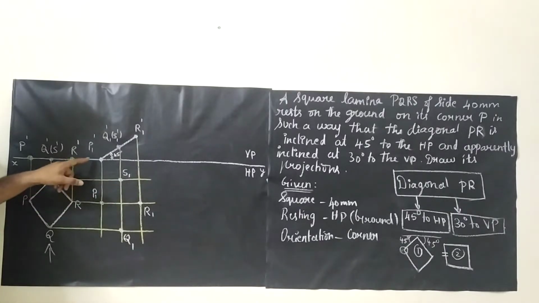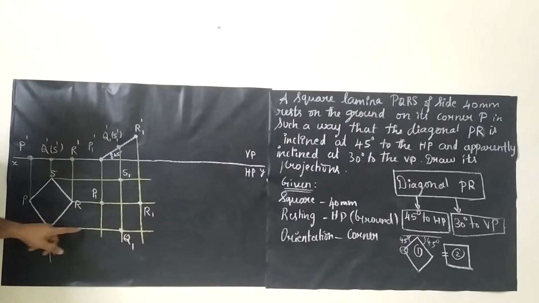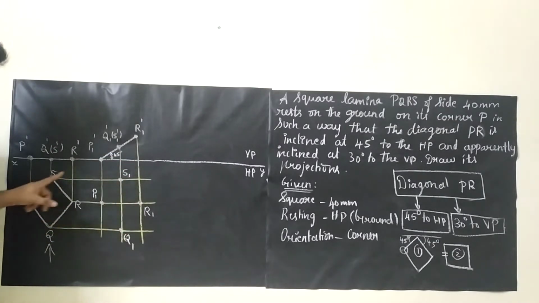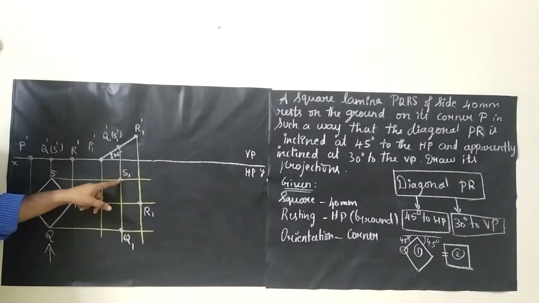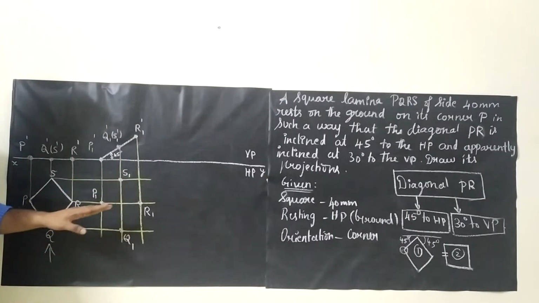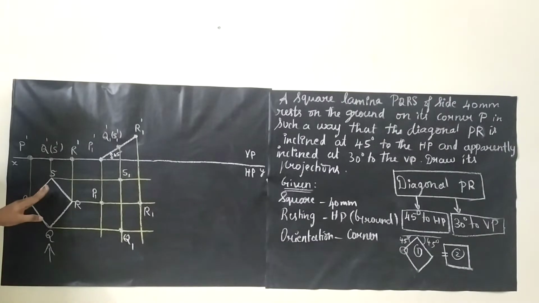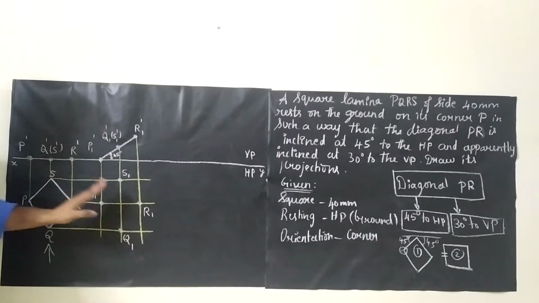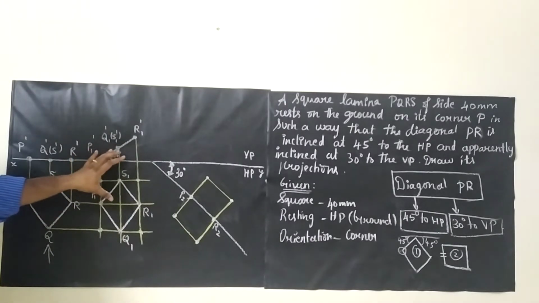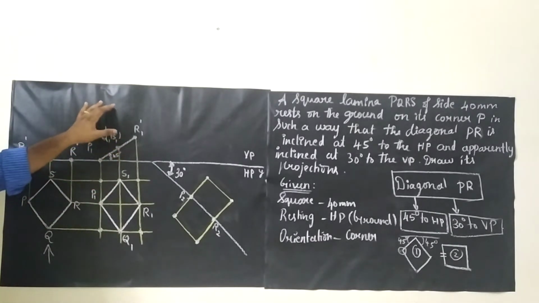So listen here, this P and this P will meet at this point. This Q and this Q will meet at this point. This R and this R will meet at this point, and this S and this S will meet at a point. So we have 4 corners. Now just connect all the 4 corners. We will get something like this diagram, but not exact dimensions. Whatever diagram we have done here is called surface inclination.